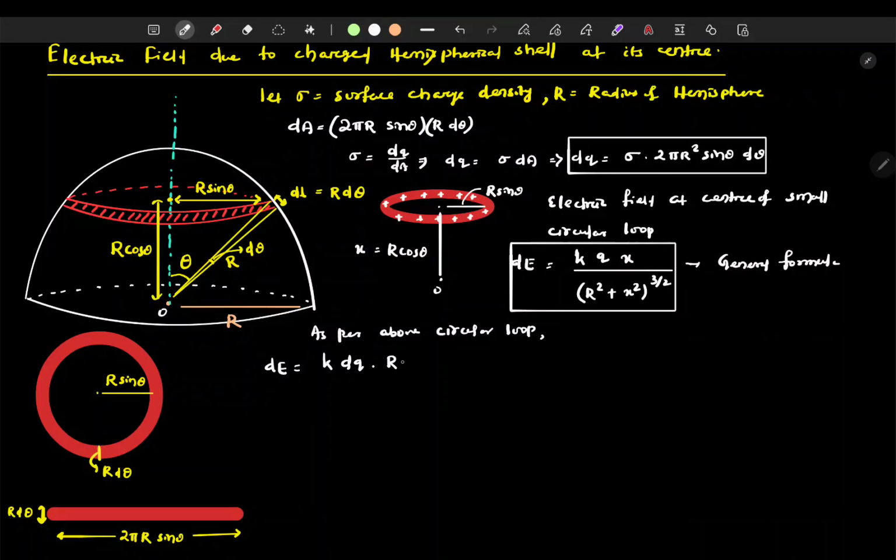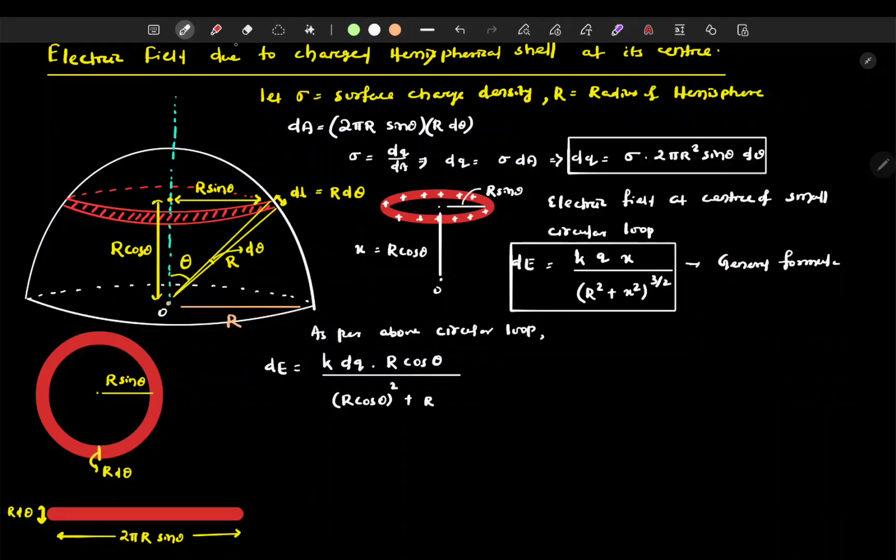Next, k into dq into r cos theta divided by r square. R means your radius, but here radius is r cos theta. So r cos theta whole square plus x square. X is your r cos theta.